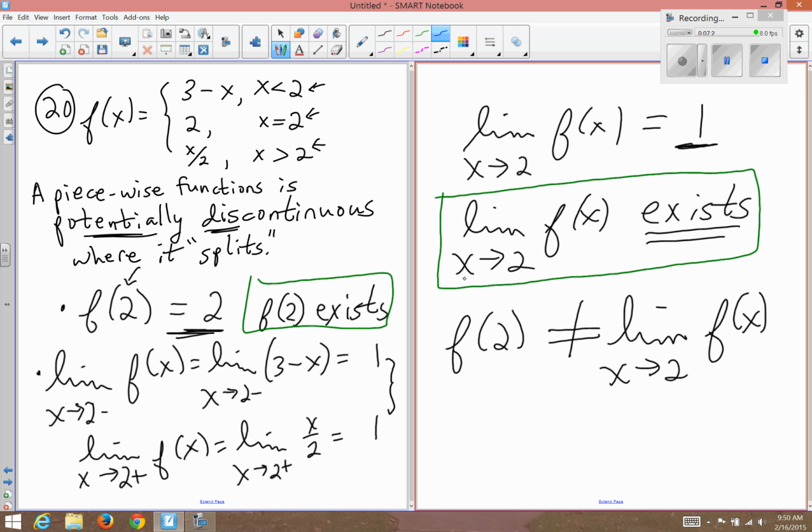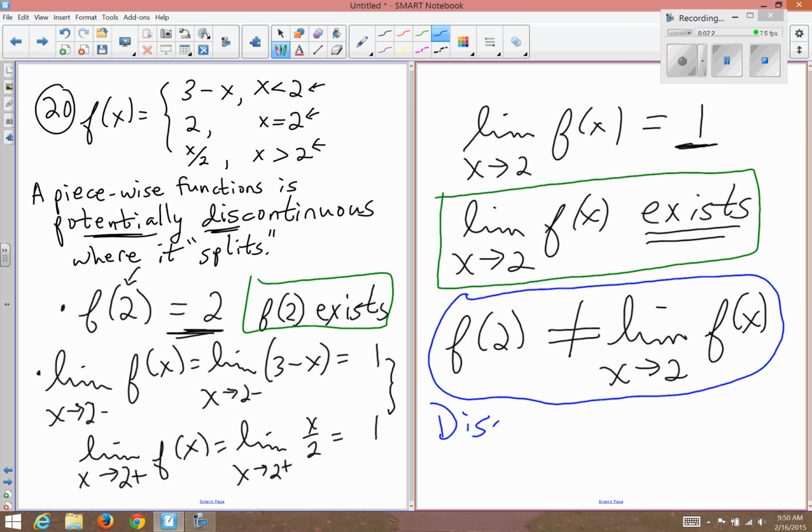So this statement right here is the reason that there is discontinuity at x equals 2. That is the answer to part A. That's the point of discontinuity at x equals 2.